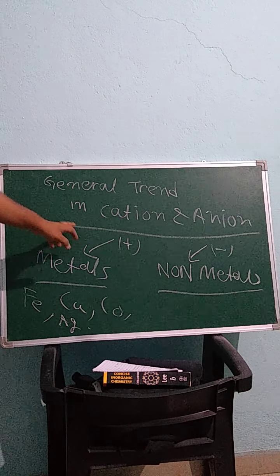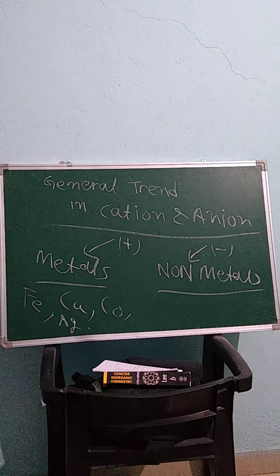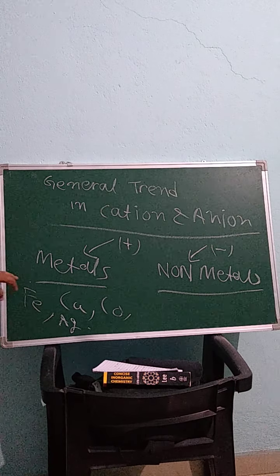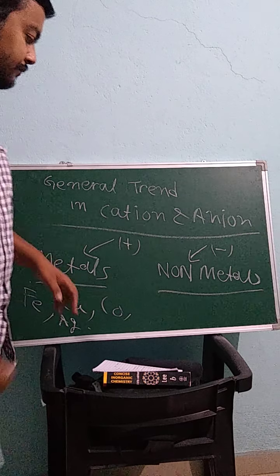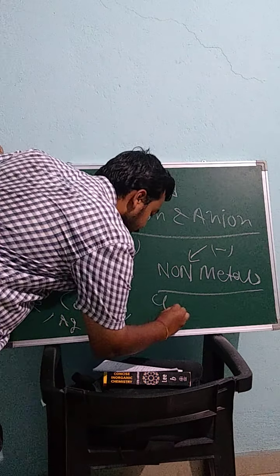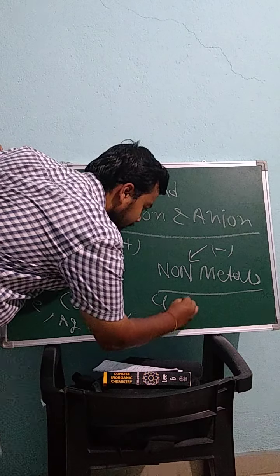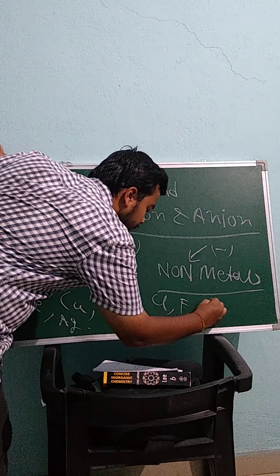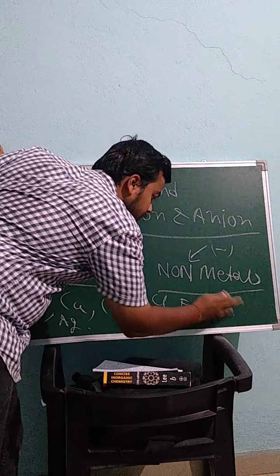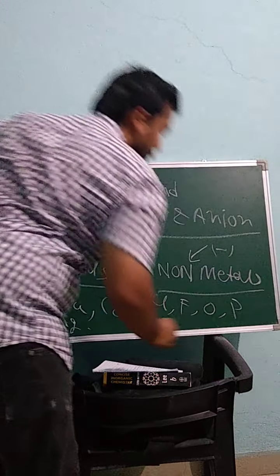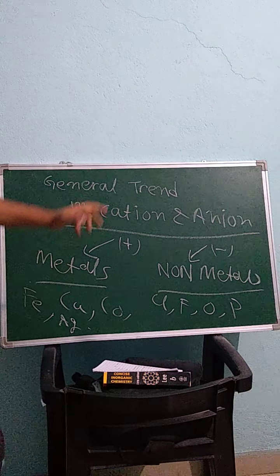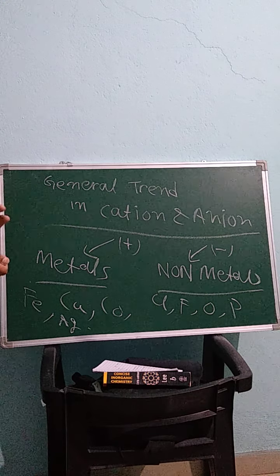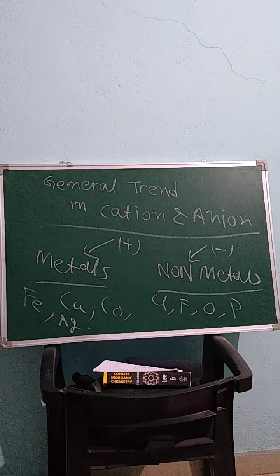Forming a cation means removing one electron from the atom. So the metals like to lose one electron, but the non-metals like chlorine, or you can say fluorine, oxygen, phosphorus, these all like to gain one electron, means they like to form an anion. So this is a general trend.